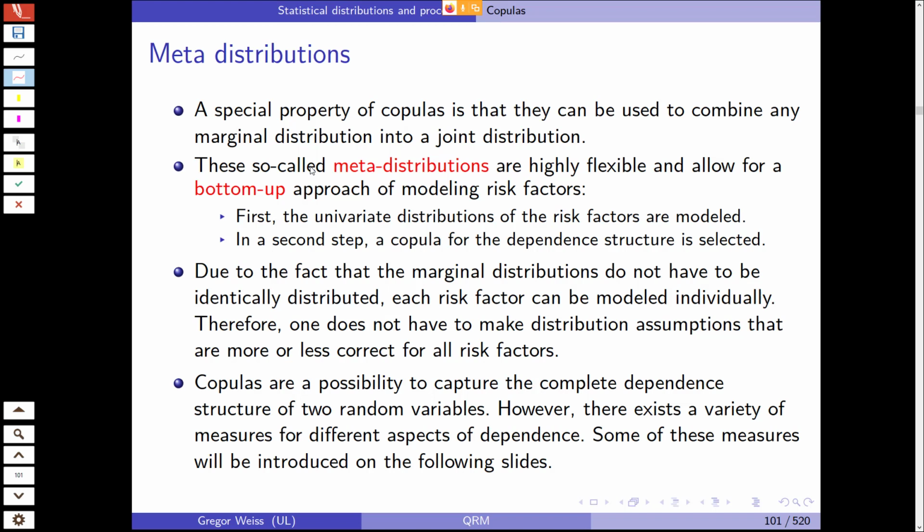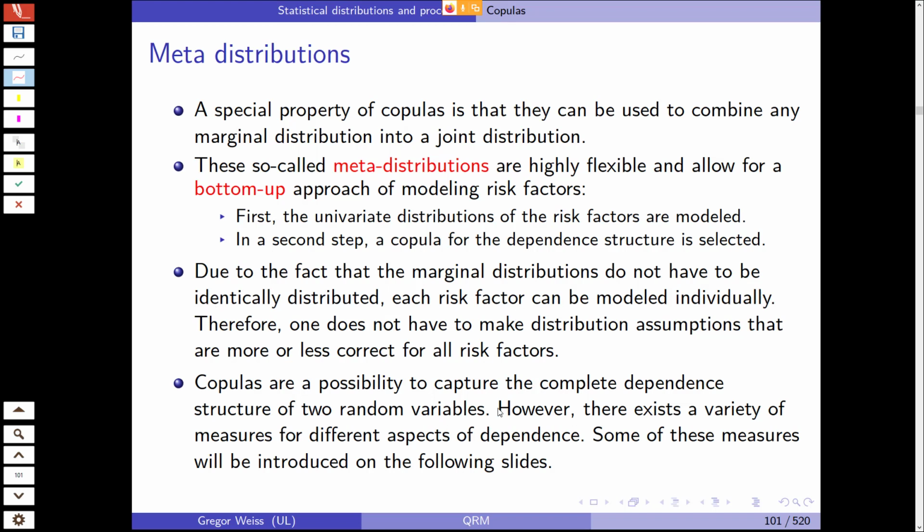You have a set of univariate distributions for your risk factors, and you choose individually univariate distributions we've seen before, like a beta distribution, like a normal distribution, like an inverse Gaussian distribution. And you combine those different distributions with any given copula, and what you come up with is a multivariate meta distribution with these univariate marginals and this particular copula function.